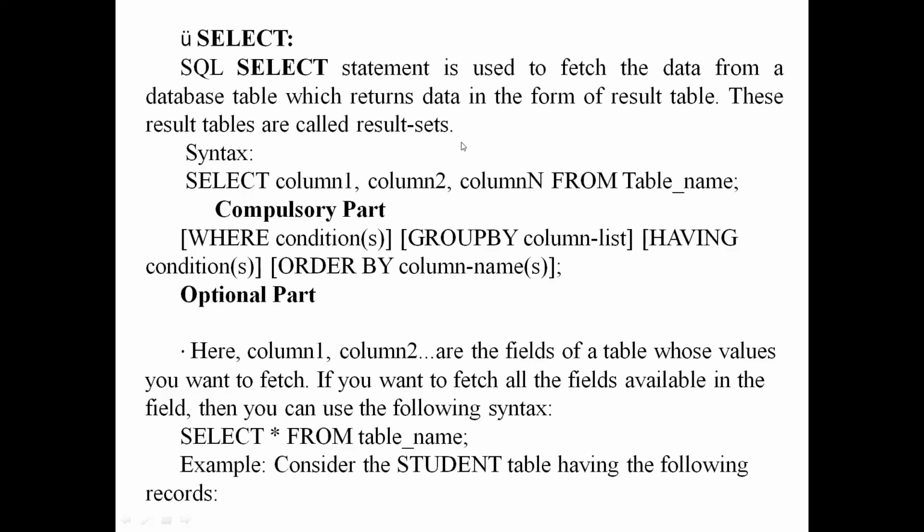Using this statement, you can fetch all the fields of the table. In this, select and from are keywords. Table name is a user-defined name, that is, the name of the table.